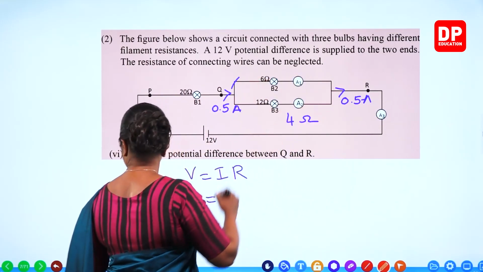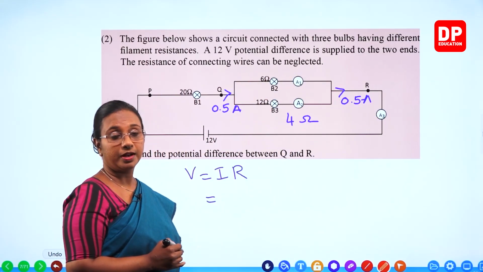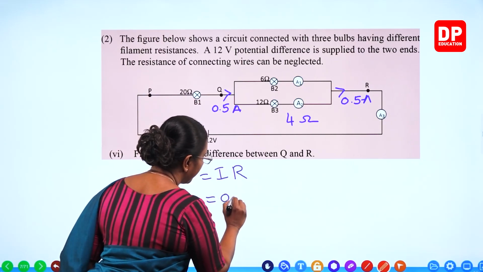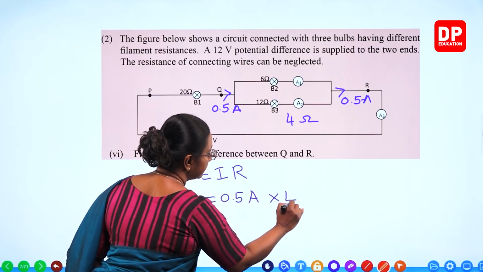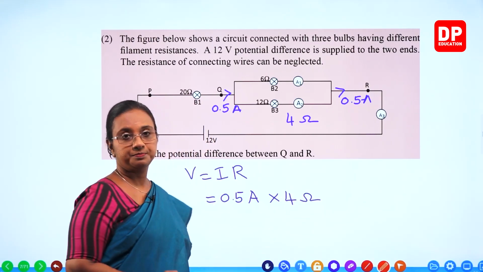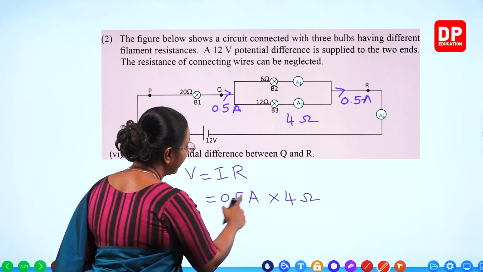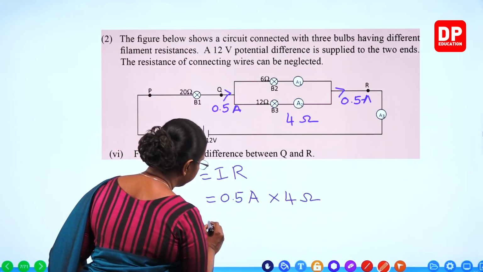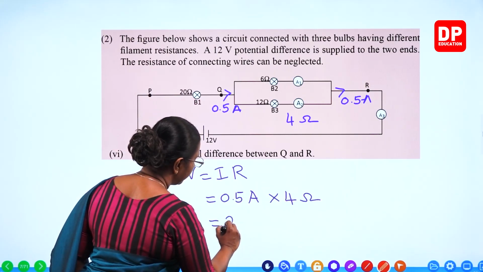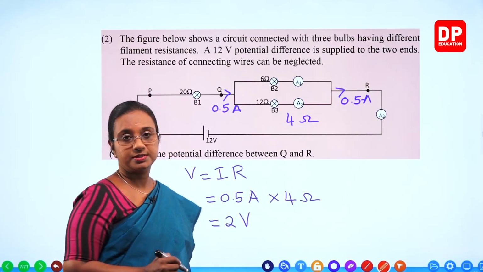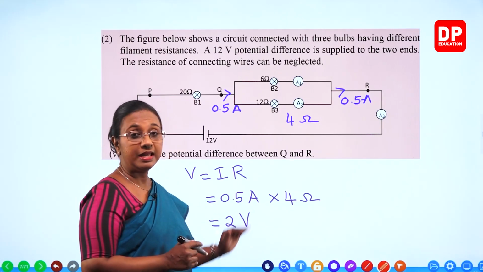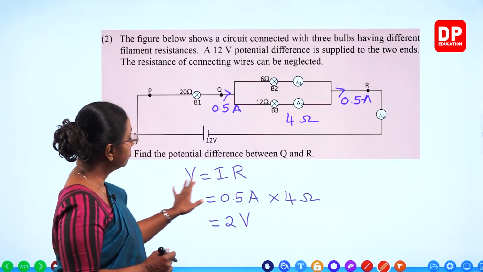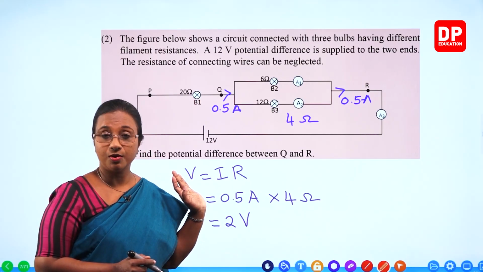So we consider this as one component. So current is 0.5 amperes and the resistance is 4 ohms. If you multiply 0.5 by 4 ohms, that is going to be 2 volts. This is the direct method where you use the equation for Ohm's law.